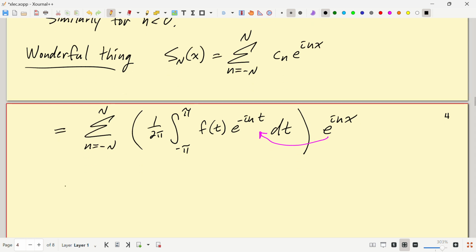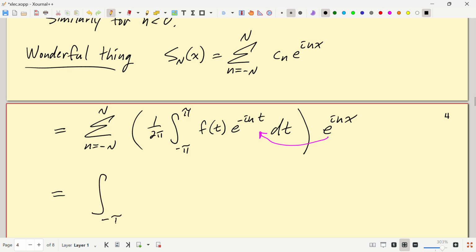So I can stick this in here. And then I get a formula, the summation, as n goes from minus N to N. 1 over 2 pi comes out in front. This is a finite sum, so I can interchange the integral with the sum.